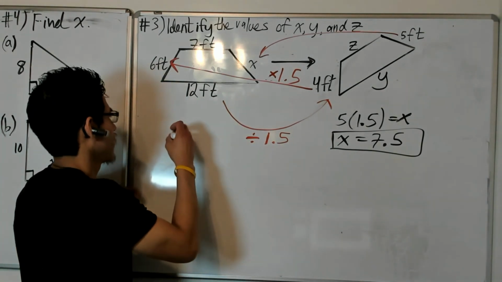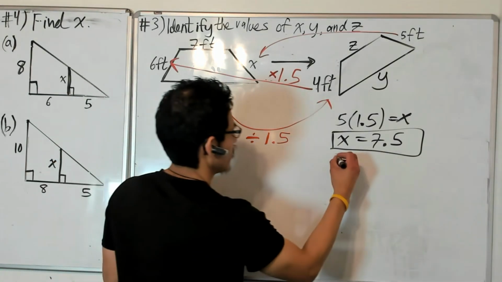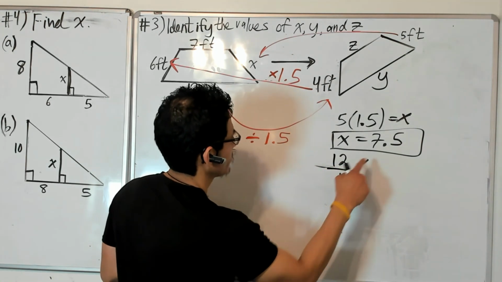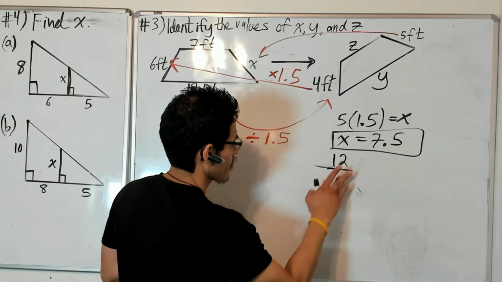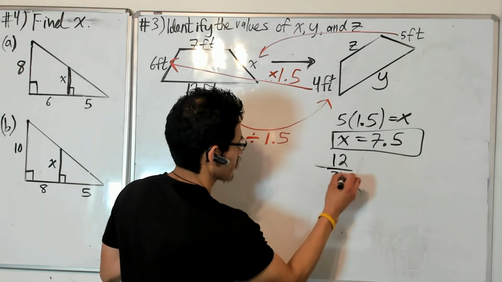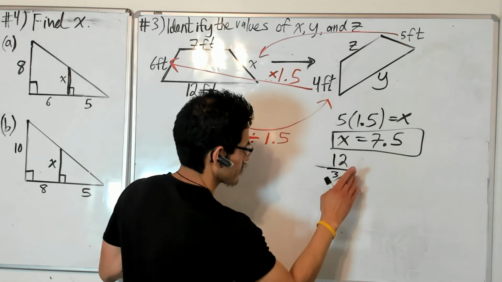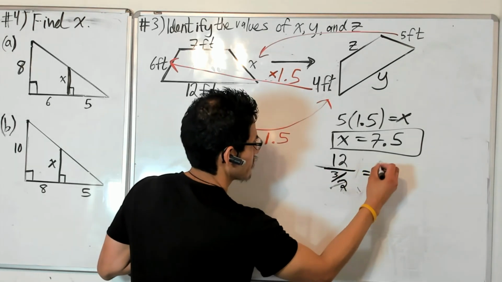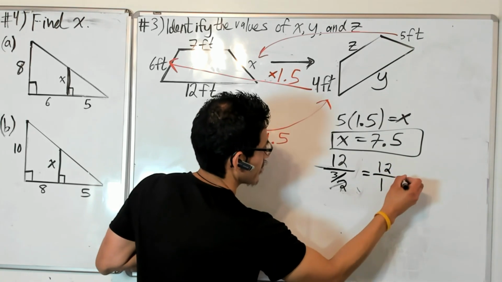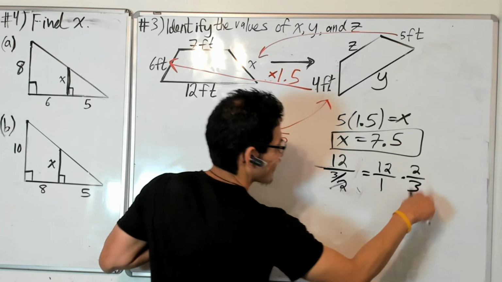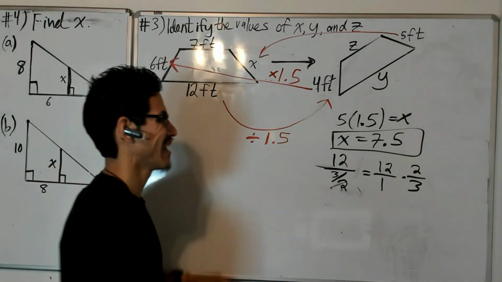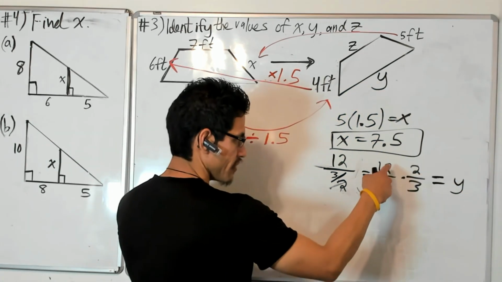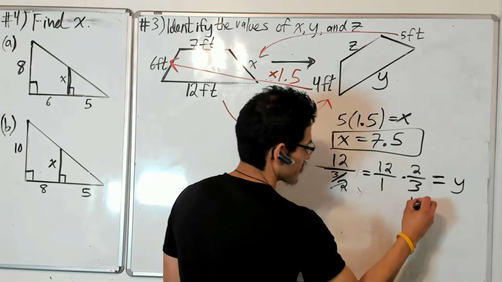So 12 over 1 divided by 1.5, or 3/2. If you are confident in your fractions, you know this is the same as 12 over 1 times 2/3. That's going to give me my y. So that's 24 over 3. So then y equals 8.